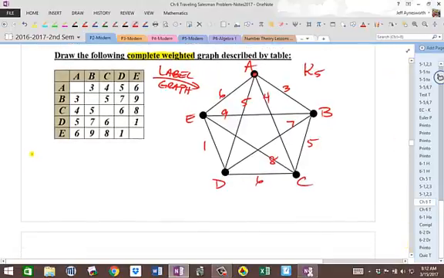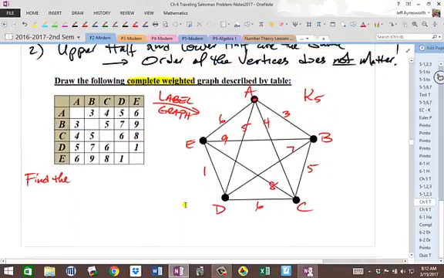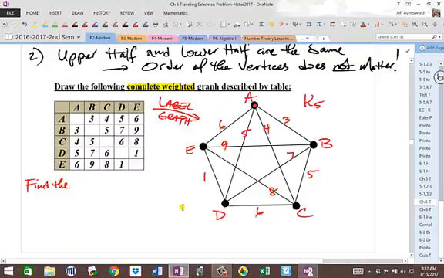So find, all right, like I said, find the nearest neighbor solution. So we're going to use nearest neighbor and we're not going to use brute force here. We're not going to list out all the circuits because there's too many of them. Okay, so K5, that's n minus 1 factorial. So 5 minus 1 is obviously 4 factorial, which is 4 times 3 times 2 times 1. 12 times 2 is 24.